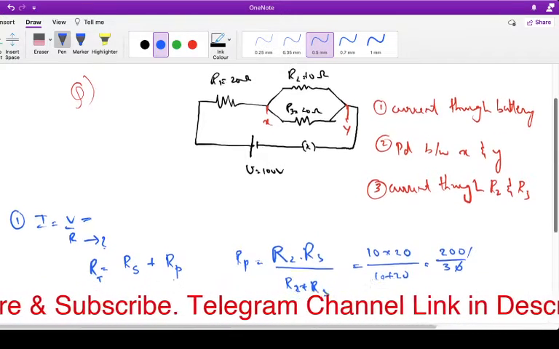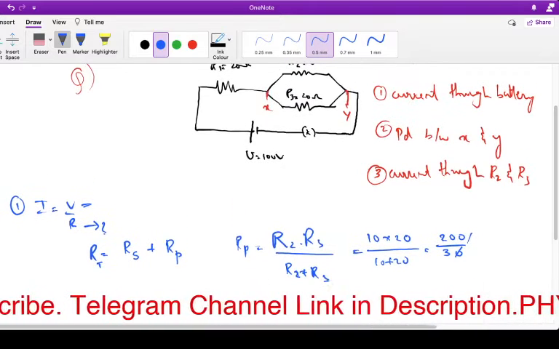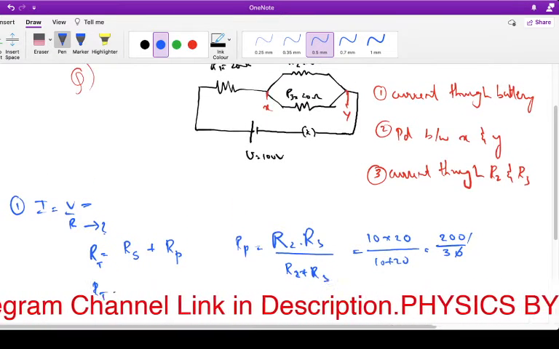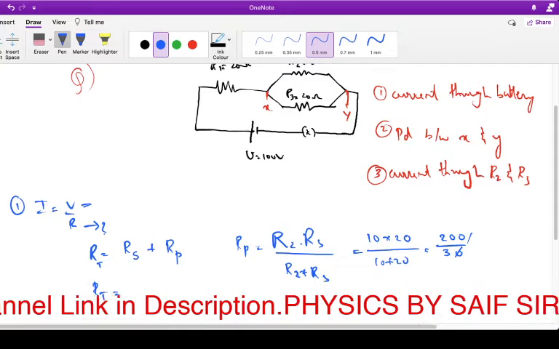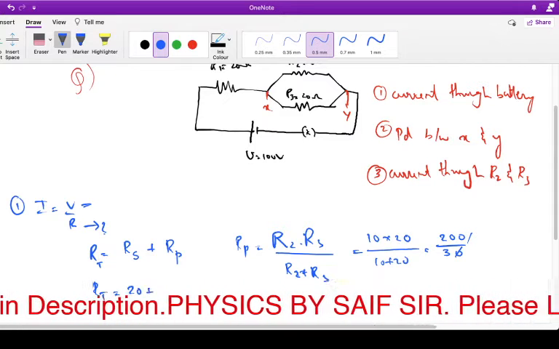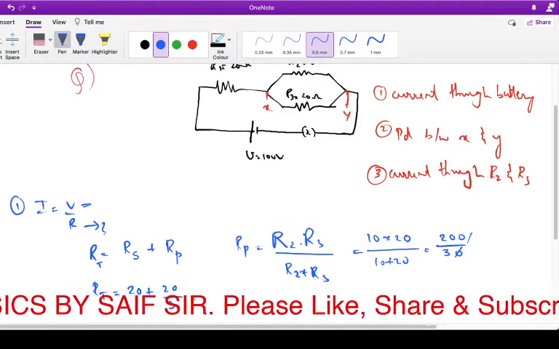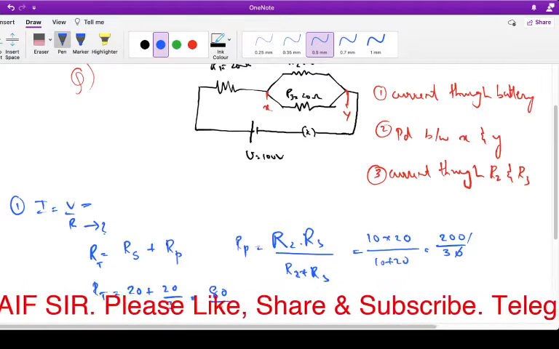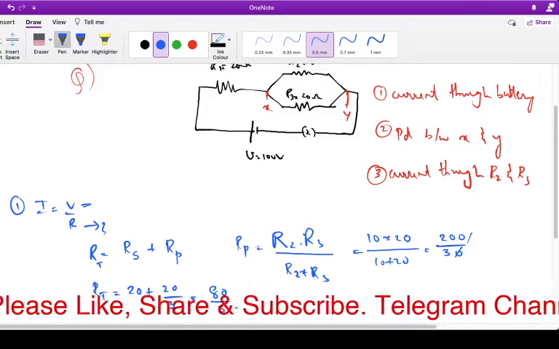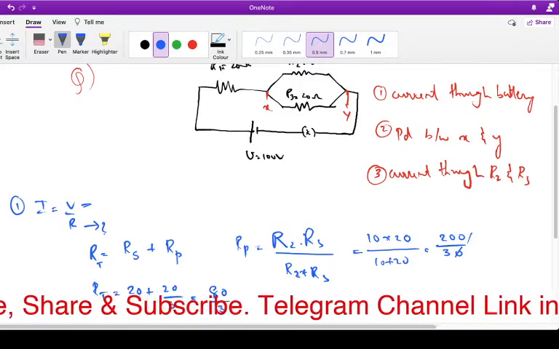So this is RP. Now R total, RT, is equal to RS, which is 20 ohm, plus this RP, 20 by 3. 60 plus 20 gives 80 by 3. This is the total resistance of this circuit.